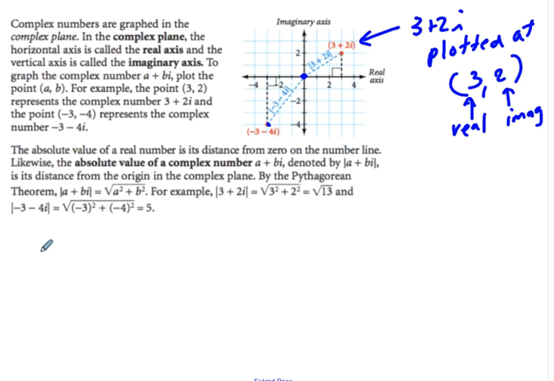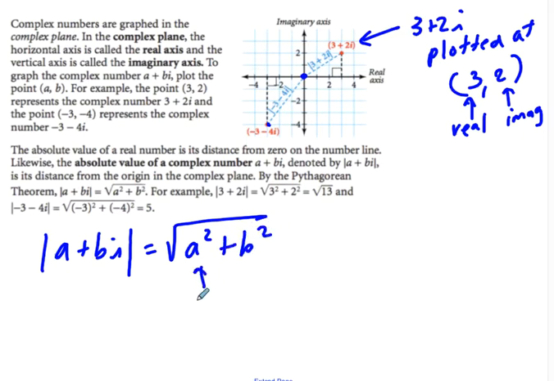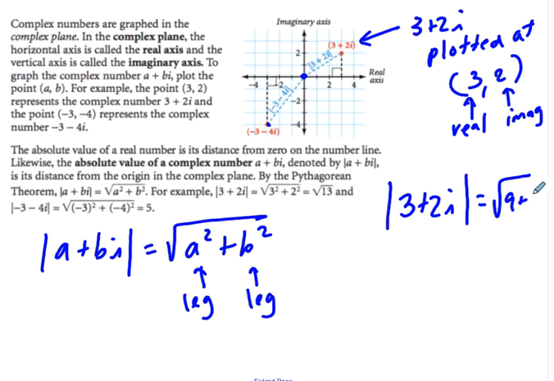So the absolute value of a plus bi is going to be the square root of a squared plus b squared, because this is a leg of the triangle and this is the other leg of the triangle. So if you were asked to find the absolute value of 3 plus 2i, it would be the square root of 9 plus 4, or the square root of 13, okay?